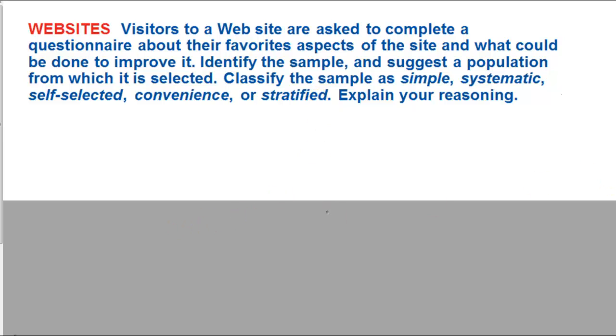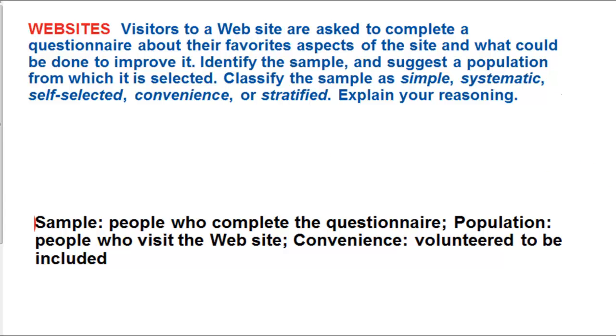Now, in this case, our answer is going to be convenience because people basically volunteered to be in that sample. They showed up to the website and then they either chose to fill out the questionnaire or didn't. So it was convenient because it's just the people who visit their site.